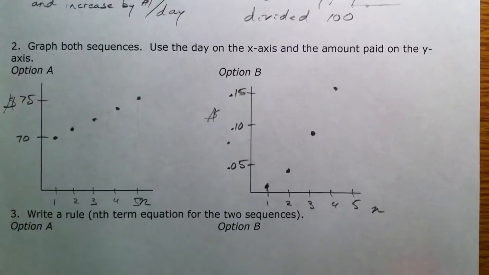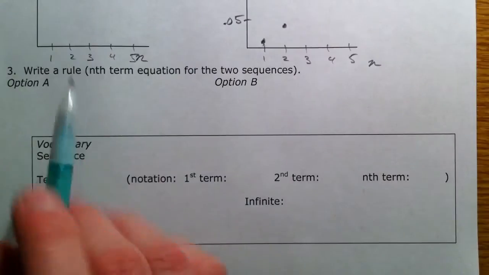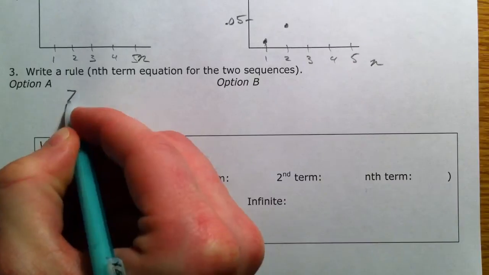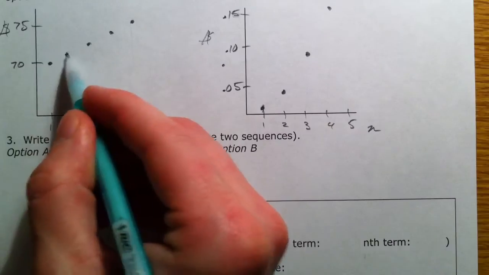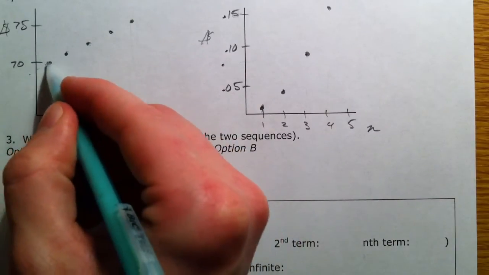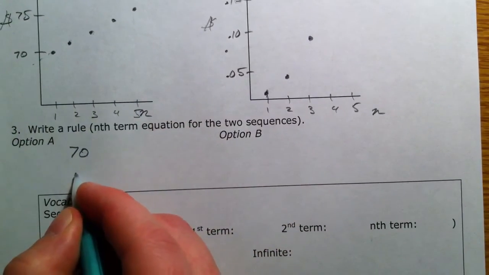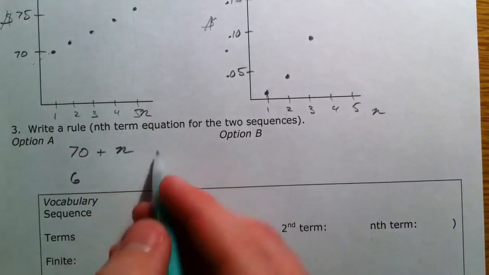Another way we can represent sequences is by using an nth term, so we can just plug in 5 and find the 5th term, or we can plug in 10 and find the 10th term. So we're going to write a rule, and what we noticed is that the other one started at 70, and then we added 1 each time. So it's kind of like a line, right? Where this is the y-intercept back here. And so think of it as really, if we did 70 plus whatever n is, we'd be 1 too high.